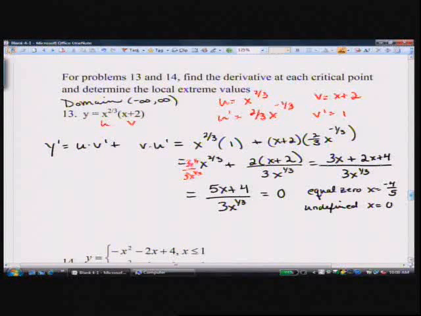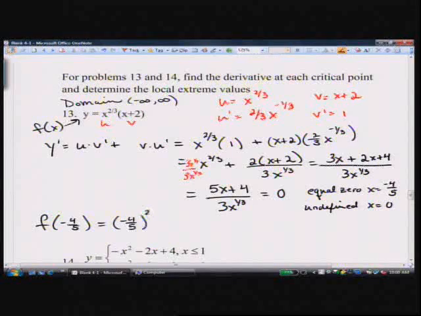Okay, so how is it that I figure that out? I take the value I get for where the derivative is equal to 0 or undefined, and I plug it where? Into the original function. If you plug it back into the derivative, you're going to get either 0 or undefined. So you've got to remember to plug it back into the original function. Do you know what I'm saying? When you're working through these. Okay, so let's call this f of x. And so if I do f at -4/5, that's going to be -4/5 to the 2/3 power times -4/5 plus 2.